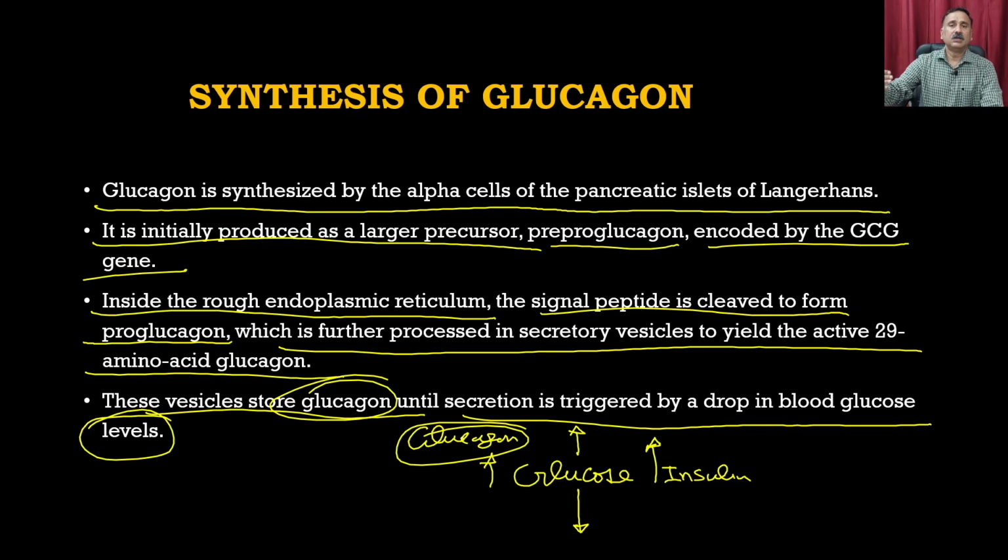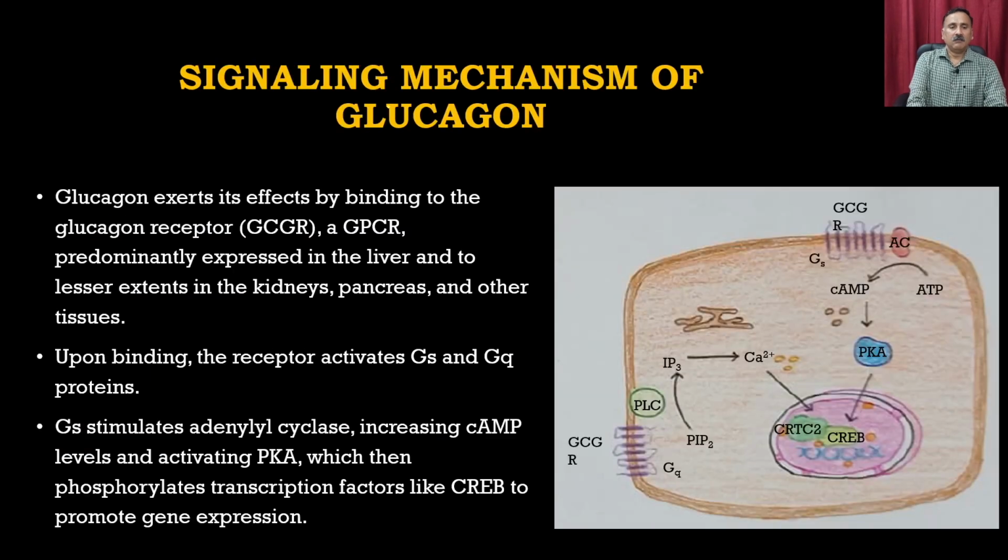Insulin's job is to reduce the glucose level. Insulin is going to take the glucose from the blood and put it into the liver for storage. Glucagon is going to do the reverse. It is going to take the glycogen from the liver, convert that into glucose, and put the glucose into the bloodstream. What is the signaling mechanism of the glucagon?